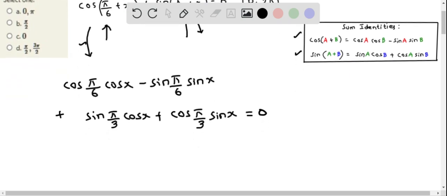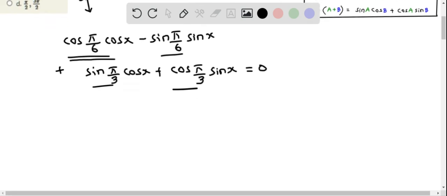So let's simplify this. We can put the values, that is standard values for sine pi by 6, cosine pi by 6, sine pi by 3, and cosine pi by 3. These are some standard values which are available from the table, or we can also utilize the unit circle values.